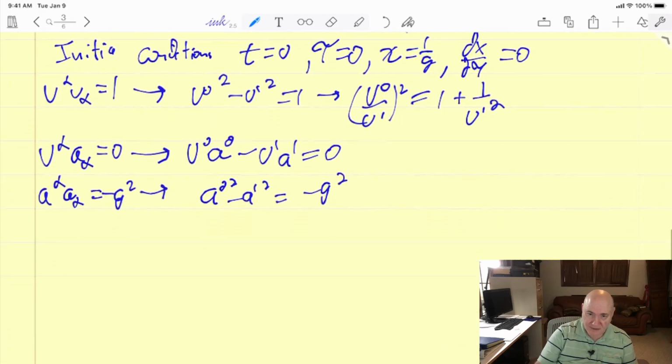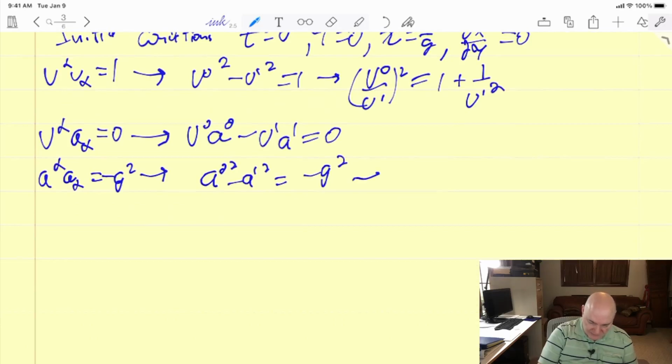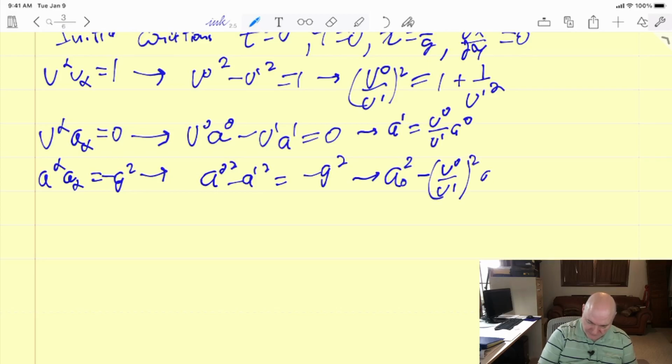Now using this equation implies that a1 equals u0 over u1 times a0. So since I'm squaring a1, I'm going to have u0 over u1 squared times a0 squared equal minus g squared.